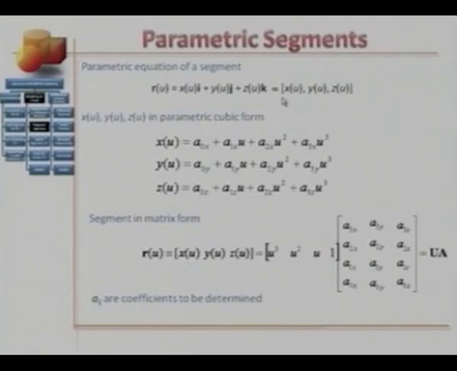If I use this ordered notation for R of u, we have R of u equals x(u), y(u), z(u) in 1 by 3 vector notation, which will be equal to u cube, u squared, u, and 1. This is a 1 by 4 matrix having different degrees in u. This is the coefficient matrix. In short, this matrix is represented by capital U, and this coefficient matrix is represented by capital A.